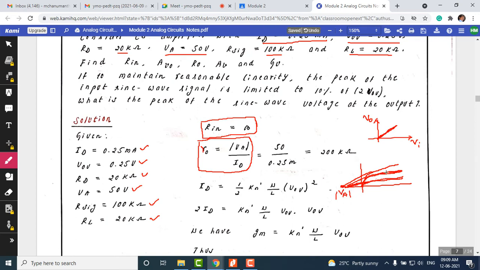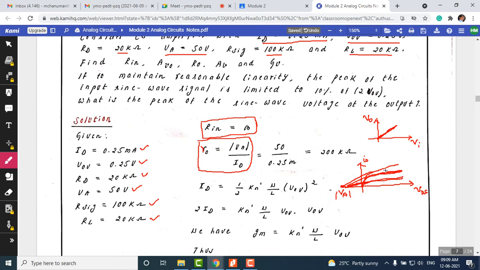Now the output resistance of this curve, which is nothing but the graph of VDS versus ID. The slope of this gives you, and the inverse of this slope gives you, the resistance, which is nothing but R naught. R naught and the early voltage are related by this equation.